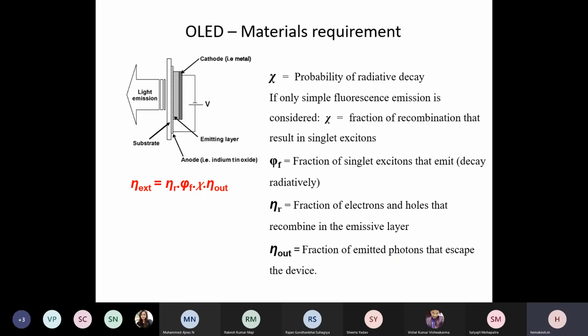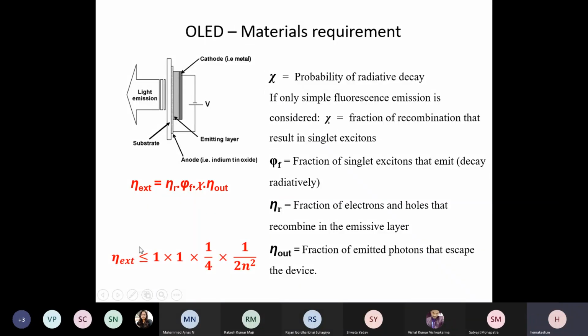Singlet excitons, with singlet spin, give rise to fluorescence, and that is the basic process of emission in this kind of setup. So normally in simpler devices, you would generate the light through the fluorescence process, and since all combinations do not give rise to singlet excitons, this factor is less than 1.